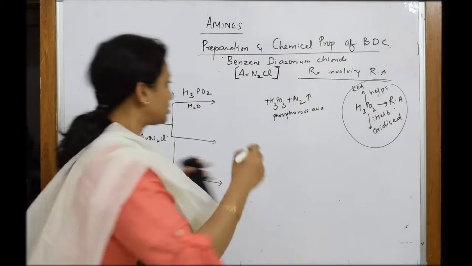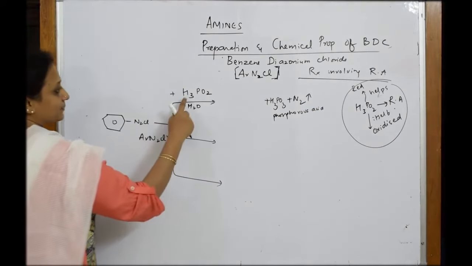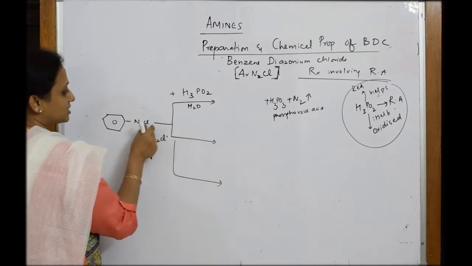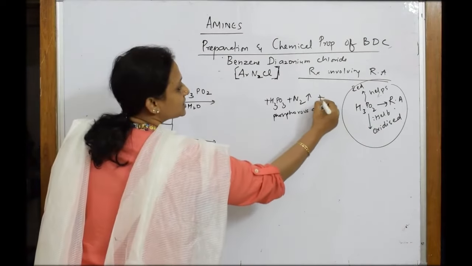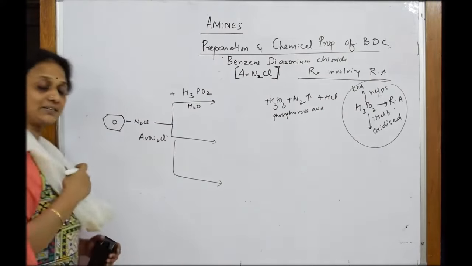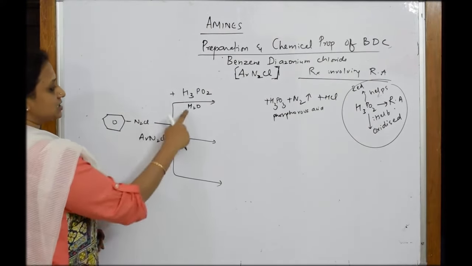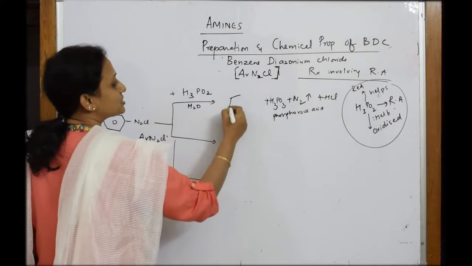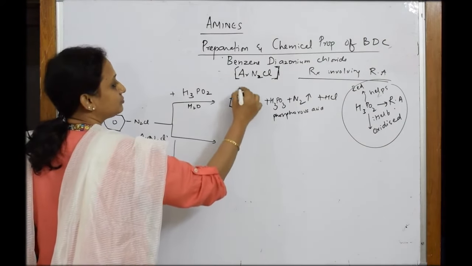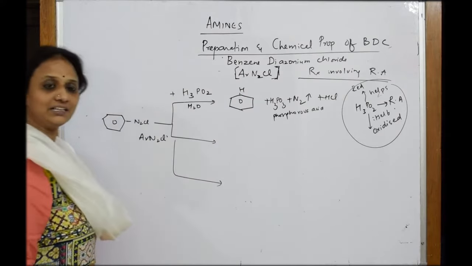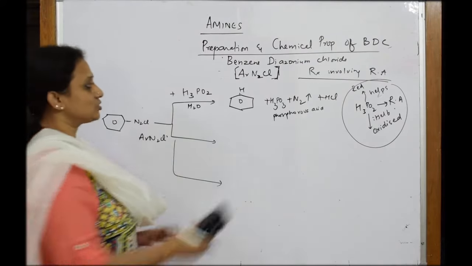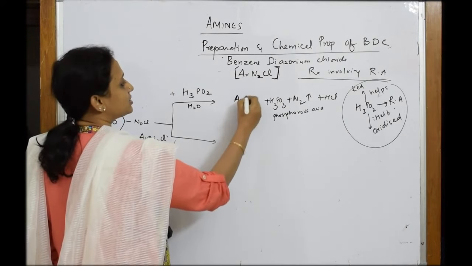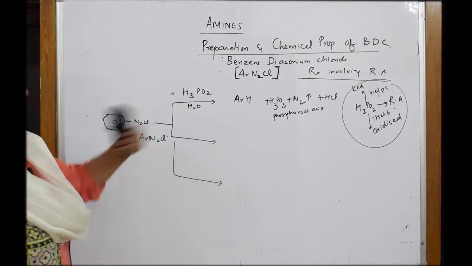Done. Still not complete. You still have Cl. There is H and OH, isn't it? One H from here takes out this Cl and HCl comes out. Now what is left out? Cl is lost from here, and this bond shifts into your benzene ring, forms your arene. That is your H, arene. So BDC to arene. If you're not writing like this, you can write directly ArH. Done. So this is the role of your reducing agent.